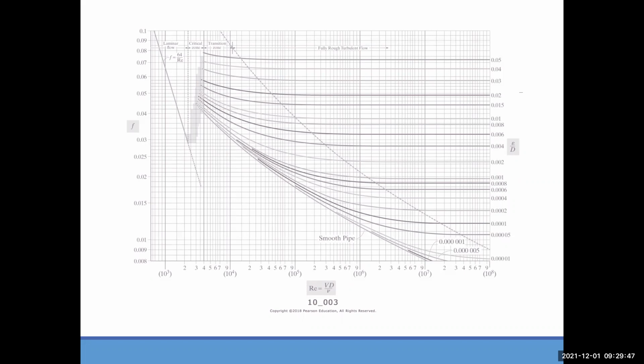Now, we have two steps here. The very first one is to find epsilon over D equals 0.004. Can you see that line here somewhere? It's here, right? 0.004. Sometimes we may not have the line. Just think about 0.003. We don't have the line here.